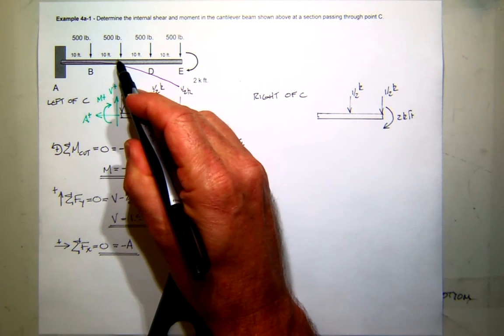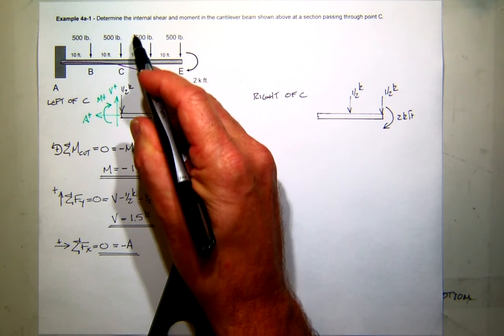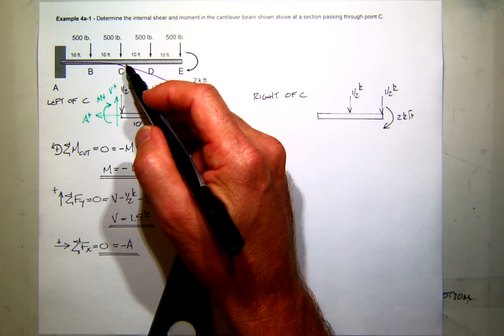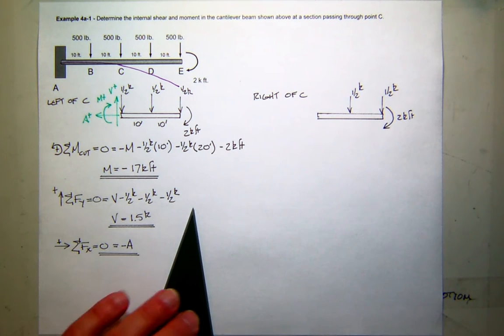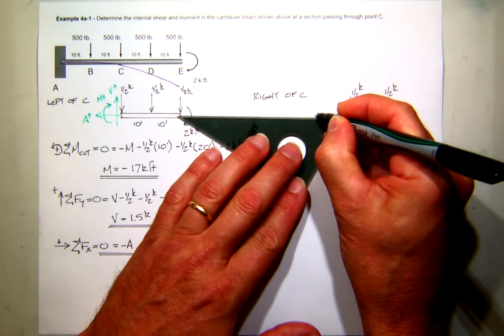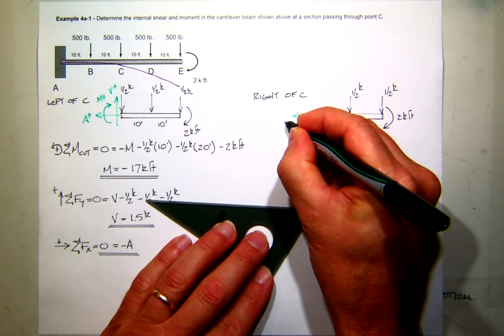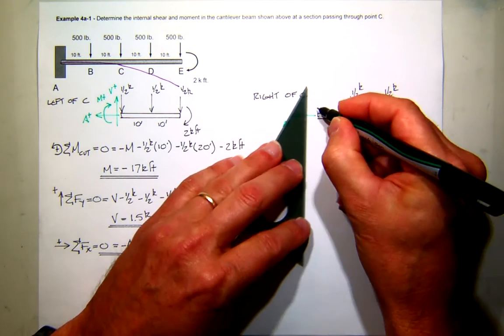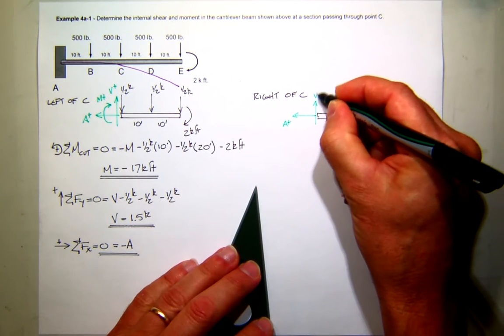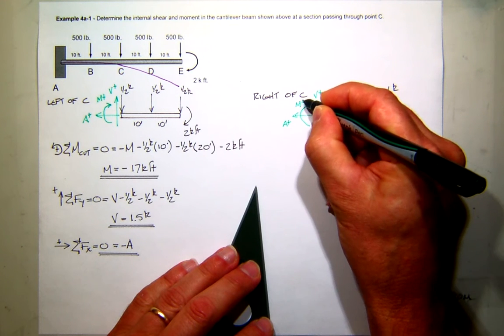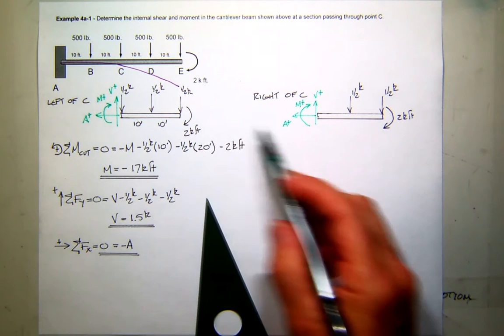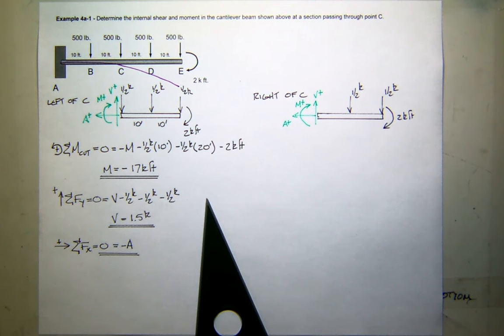But now, since I'm just to the right of C, I don't include this 500-pound force at C. That's the only thing different. I'm still going to assume positive axial force, positive shear force, and positive bending moment. Those are unchanged in terms of their assumed values.